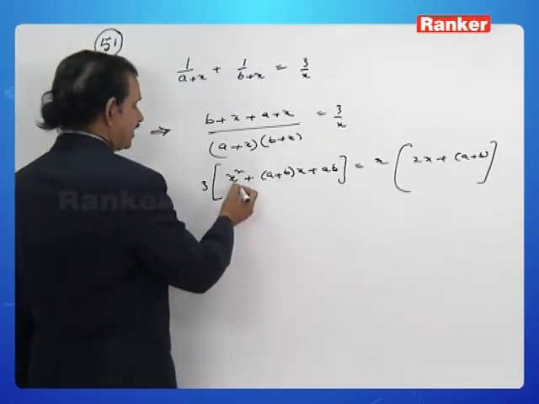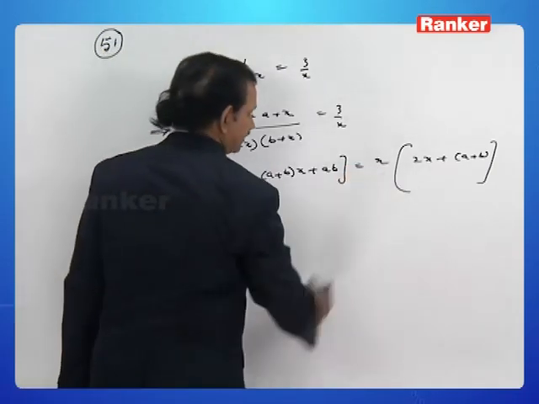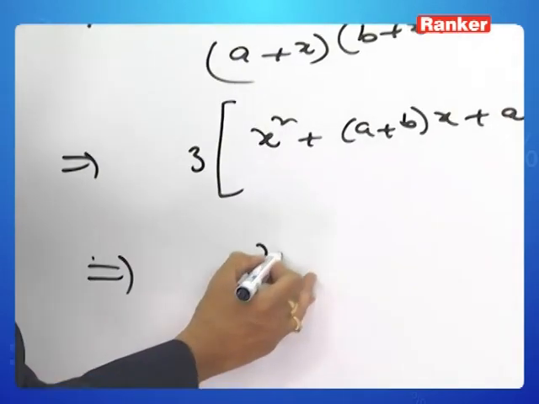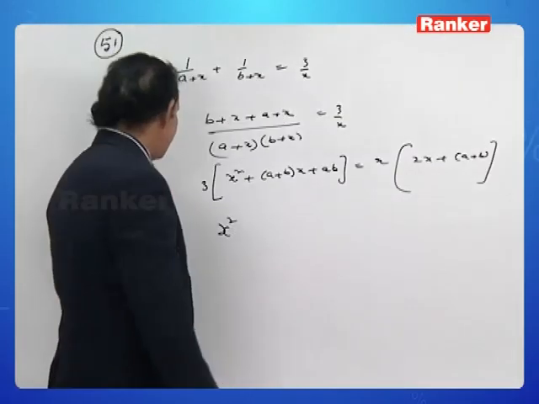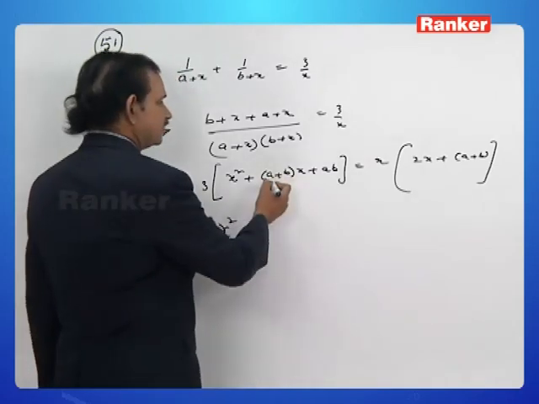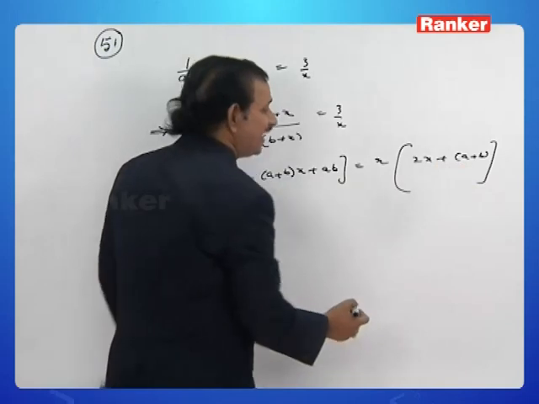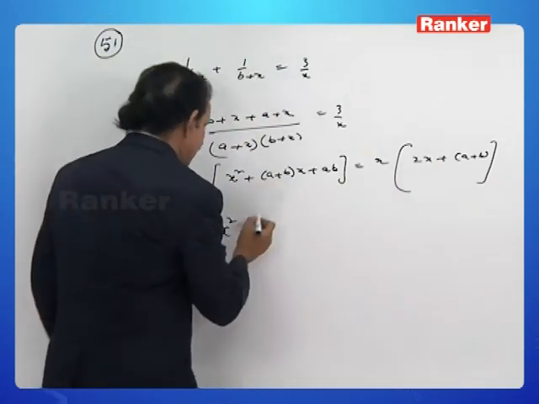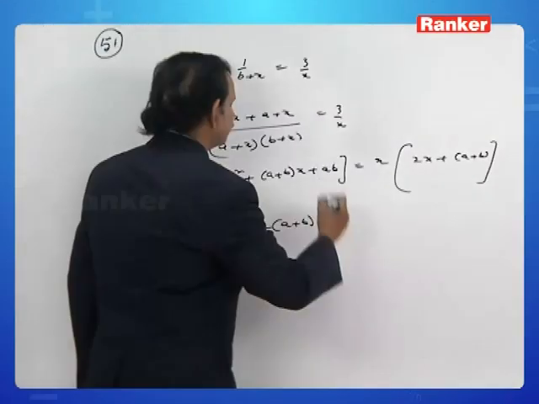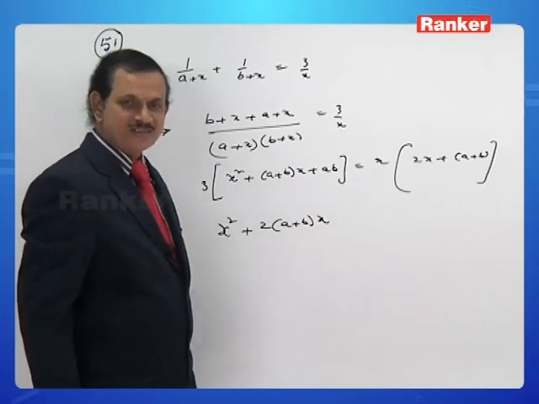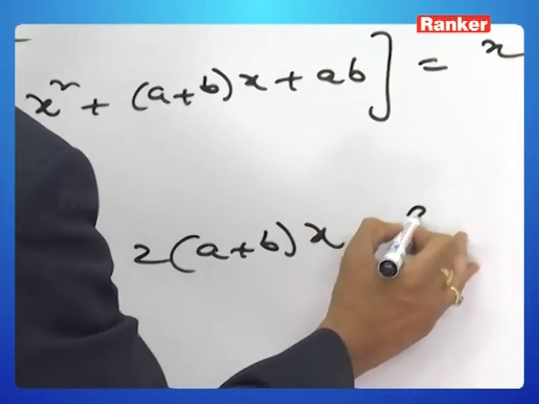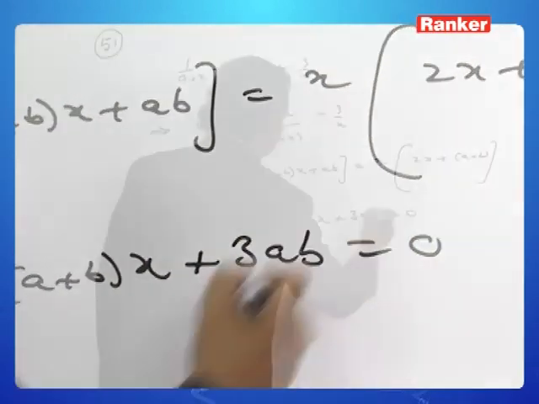Now, here it is 3x square, here it is 2x square. If you bring that 2x square this side, you will have x square. Let us now think of x terms. Here 3x into (a + b), here x into (a + b). If it comes this side, it becomes 2 into (a + b) into x. Now, constant terms. Here it is 3ab, plus 3ab is equal to 0.